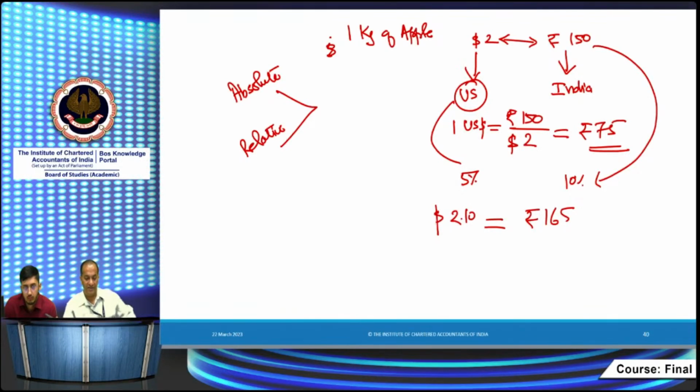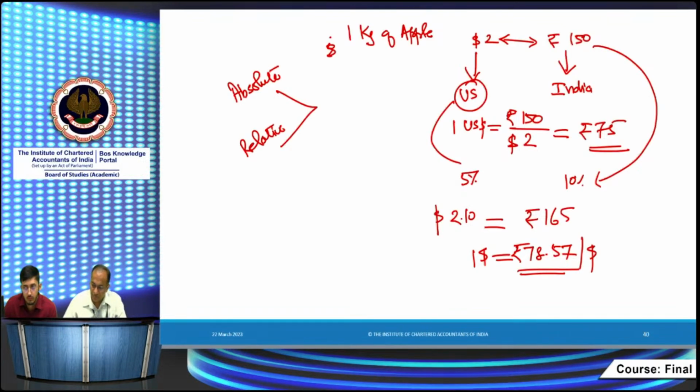Now the question arises, how much rate will be justified? The new rate will be 78.57. This will be the rate, about 78.57.